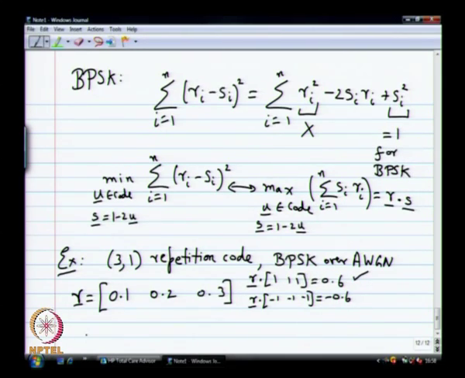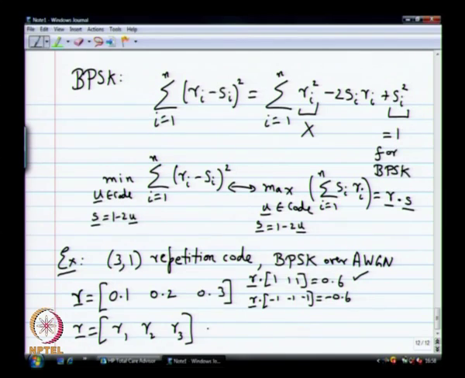So let us try and write down a general expression. Suppose I do not really give you the R, say R1, R2, R3. What are you going to do? You are going to do a dot product with 1 1 1 and compare it with the dot product with minus 1 minus 1 minus 1.